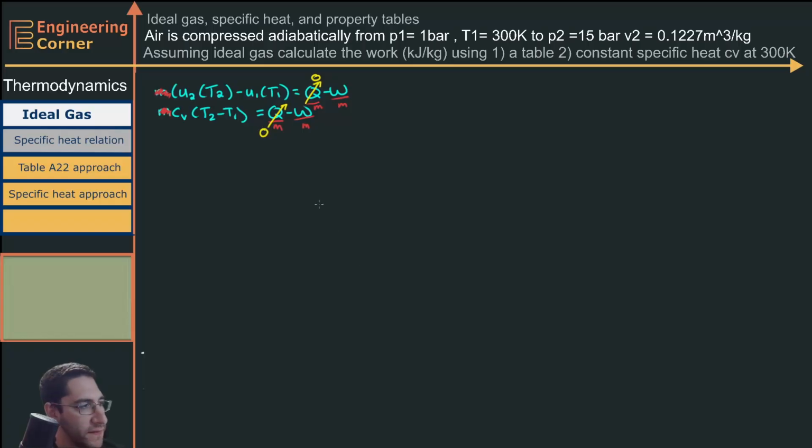All right, so now let's figure out what T2 is. And we were using ideal gas, so we have P2 V2 equal to R T2. We can solve for T2. We can say T2 is equal to P2 V2 over R. P2 is going to be 15 bar.